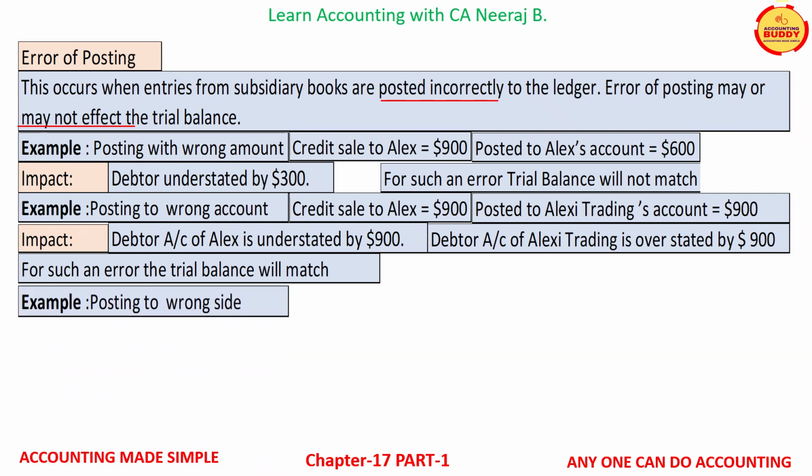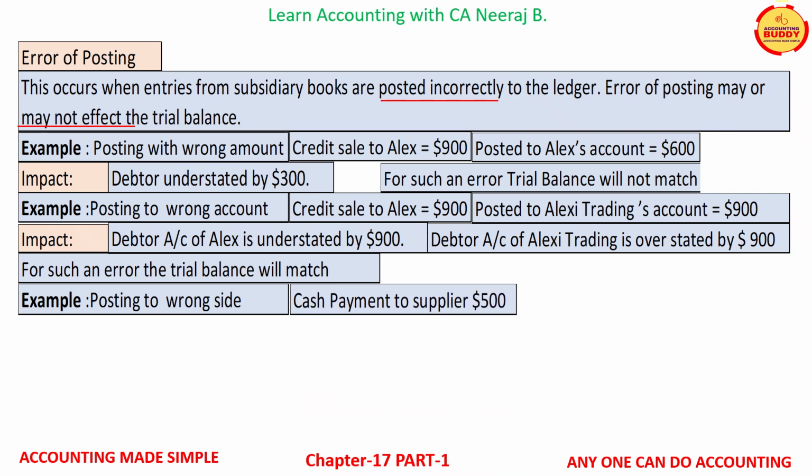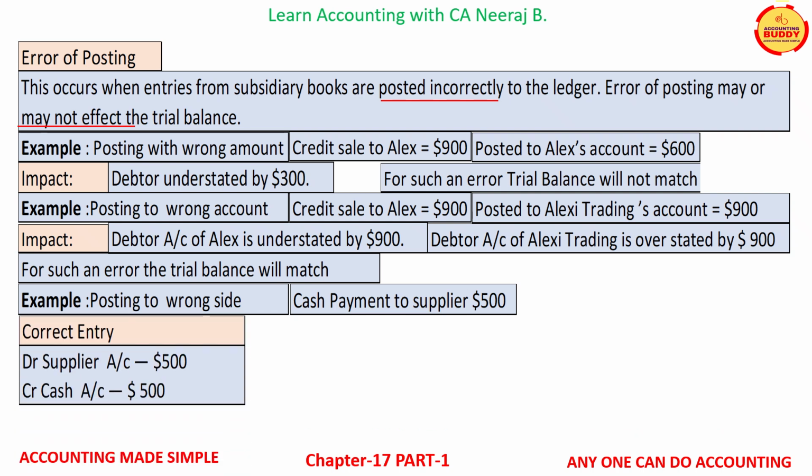Now let us take another example of posting to the wrong side of an account. That is, the account to which the amount is posted is correct, but the side of posting is wrong. For instance, a cash payment of $500 is made to a supplier. The correct entry for this transaction is debit supplier account by $500 and credit cash account by $500.